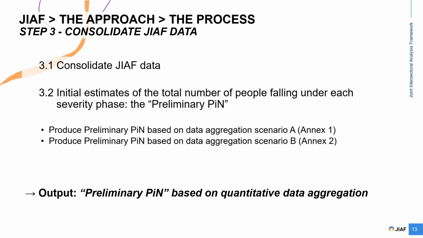We will go into more details in another session on the methodology for aggregation and on the aggregation method for each of the scenarios. This step output is the preliminary PIN, which is based on quantitative data aggregation only.